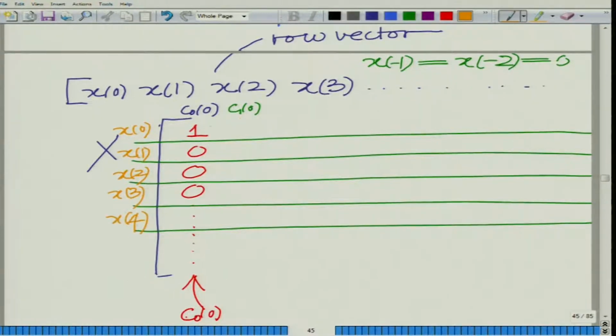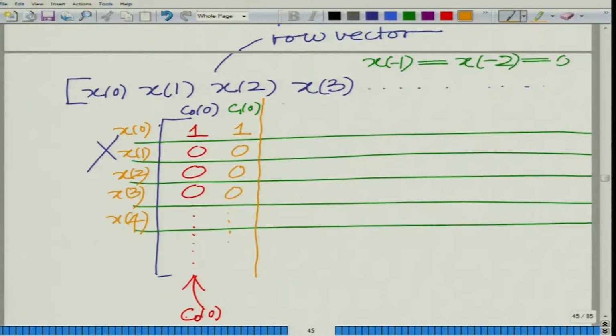Now, C1 at time 0 is naturally x0 into 1, x1 does not enter the picture, plus x of minus 1 and x of minus 2, which are 0. So, this is simply x of 0 into 1 plus x of 1 into 0, x of 2 into 0 and so on. And therefore, now you have this block.